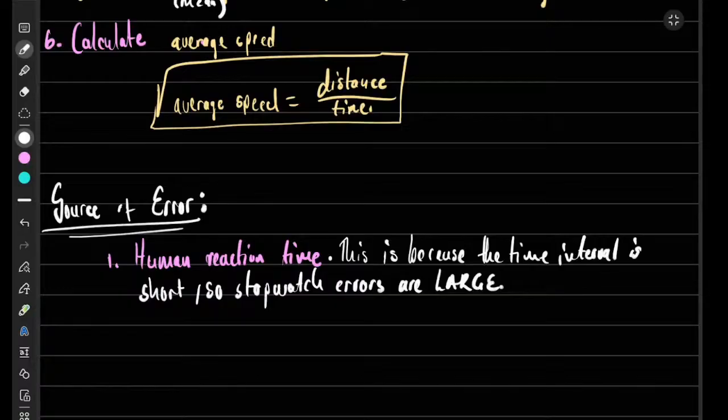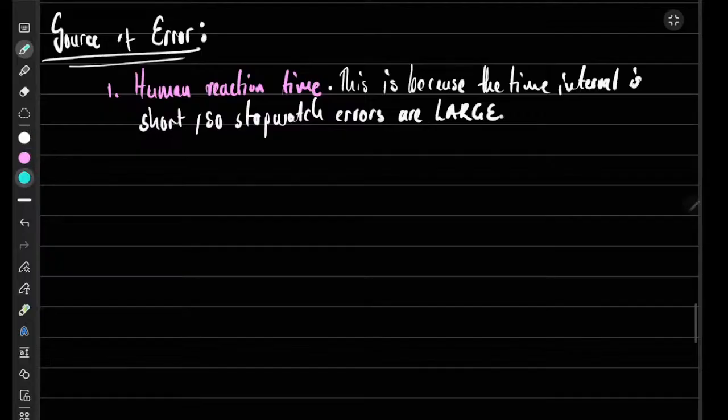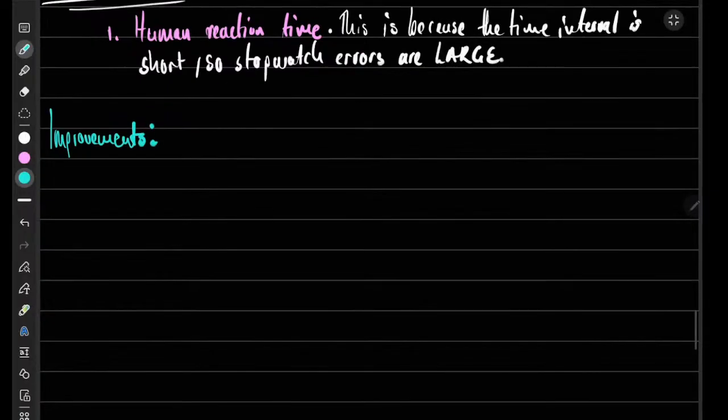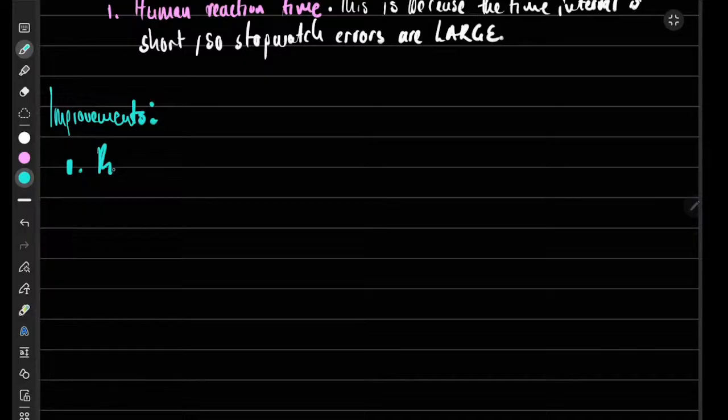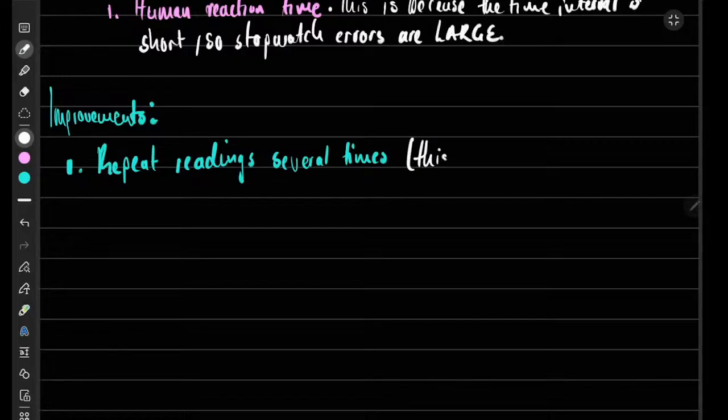Let's write improvements. Number 1, repeat readings several times. This reduces the random error.